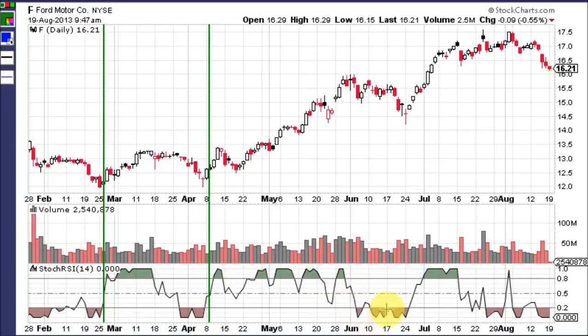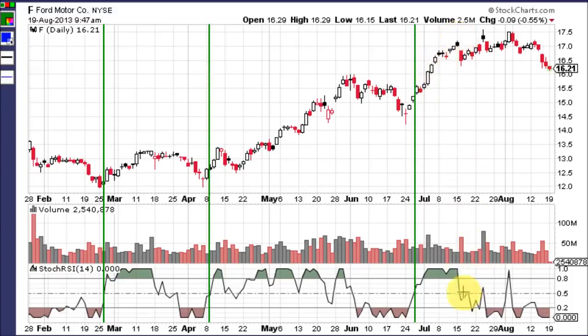crashes down through it, he becomes very oversold, and your next buy signal comes here just before the next run when it crosses back up through 0.5, just before it breaks out above all resistance here on huge volume. This day right here was the highest close on this chart on really good volume, and then he ran for 2 or 3 more days on very strong volume and just kept running.